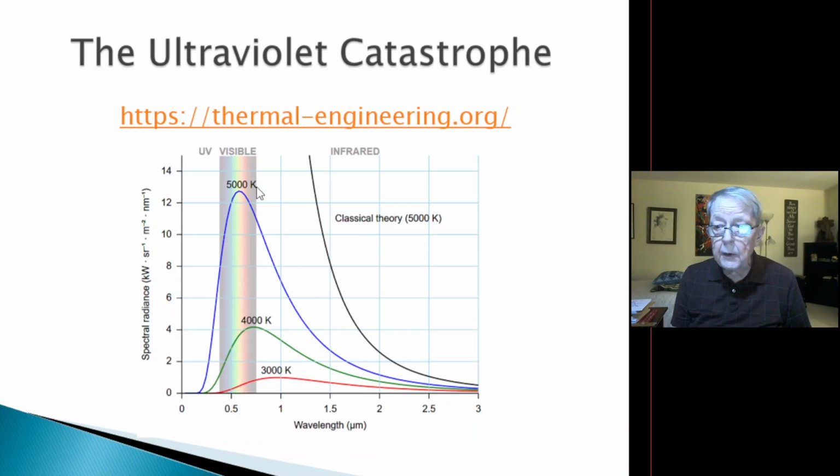Typically when you do a real good test, you heat the black box to a given temperature, like 5,000 degrees Kelvin or 4,000 or 3,000 Kelvin. Keep in mind that room temperature is approximately 300 Kelvin. And so they measure it and they get these 3 curves, which is all well and good.